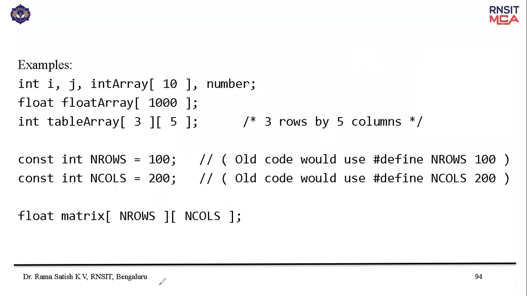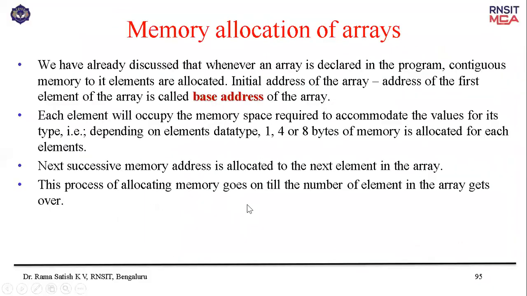Now, further, how is memory allocated for this array? Normally, whenever we declare an array, the first element of the array gets a memory address, which we call the base address of the array. From that memory address onwards, suppose you have specified 5 elements, the next 5 elements will get the memory addresses.